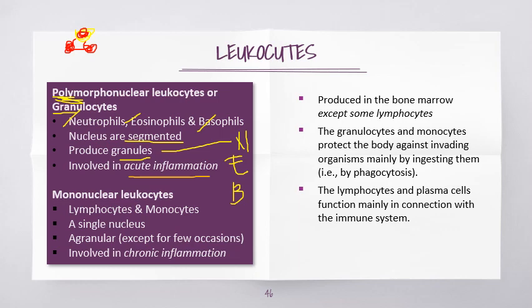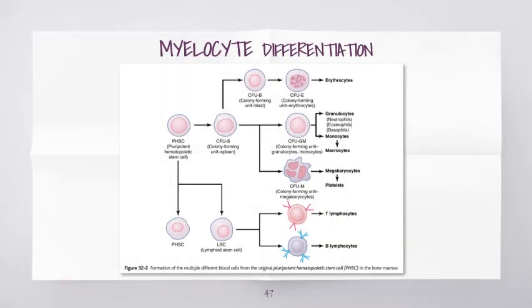Then the lymphocytes and plasma cells, I'll discuss plasma cells later, mainly function in connection with the immune system. So this is the early differentiation of the pluripotential hematopoietic stem cell into different types of committed cells.